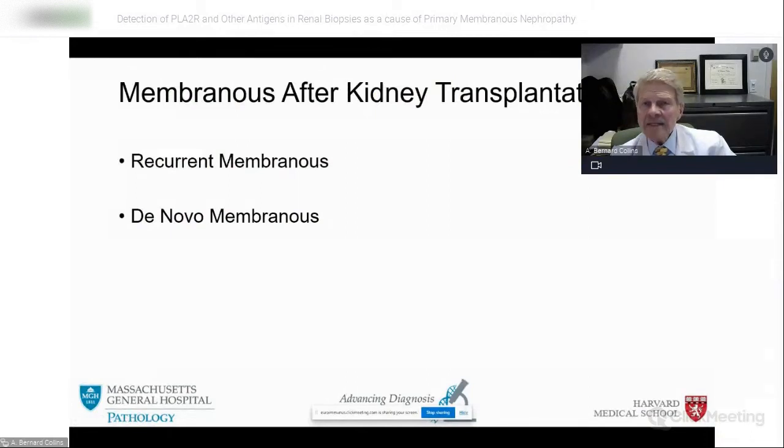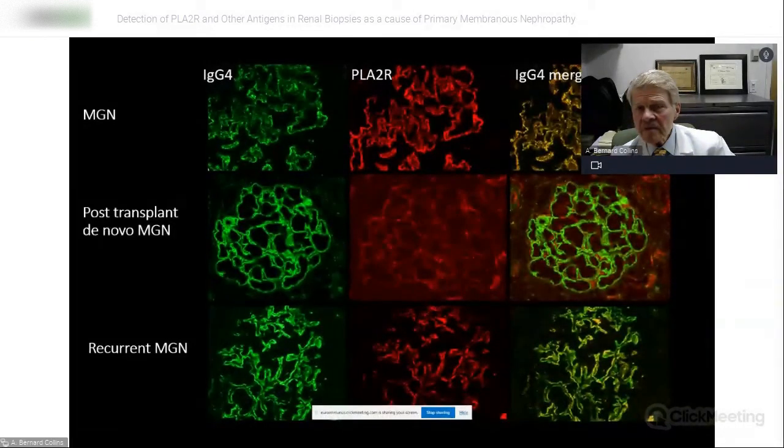Another thing to keep in mind is membranous after kidney transplant. You can have recurrent membranous, or you can have de novo membranous. This brings up a couple of interesting points. The top 3 images represent a PLA2R positive membranous case. As you've seen in multiple images that I've shown, there's very prominent IgG4, prominent PLA2R in a granular location in the GBM, and when it's merged, there's yellow.